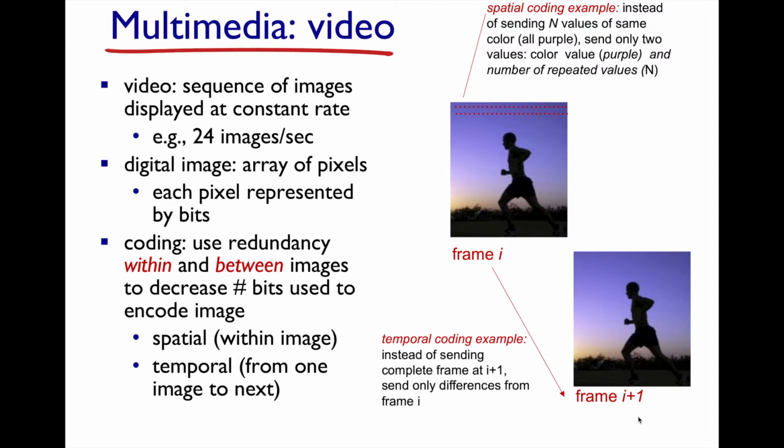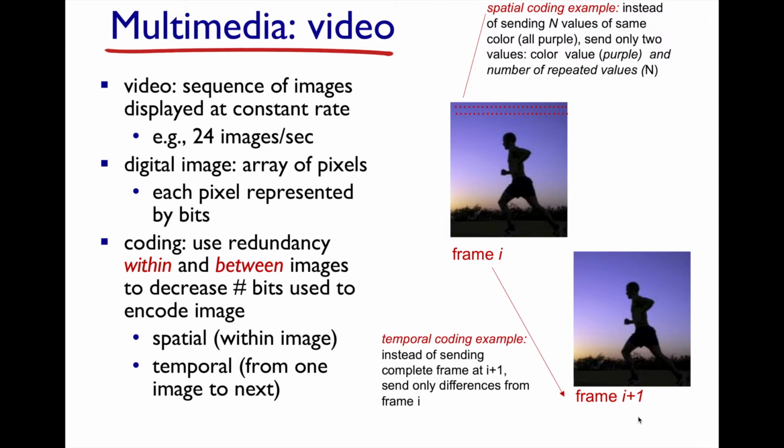Now, of course, if the majority of the image stays the same, instead of sending all in high def 1920 by 1080 pixels, you're now just sending information associated with that relatively small number of pixels that have changed from one frame to the next.